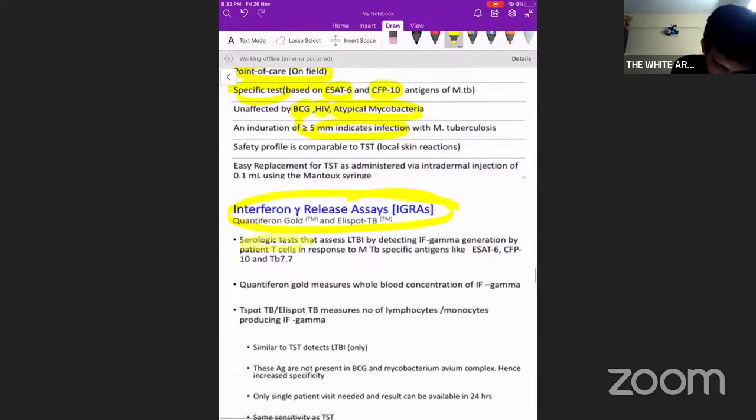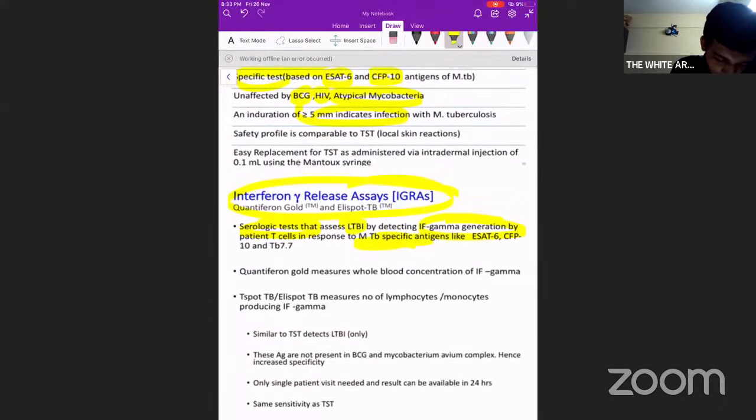It is one of the serological tests that assess latent tuberculosis infection by detecting interferon gamma generation by the T cells in response to MTB specific antigens. It is called the QuantiFERON Gold or ELISpot TB test.